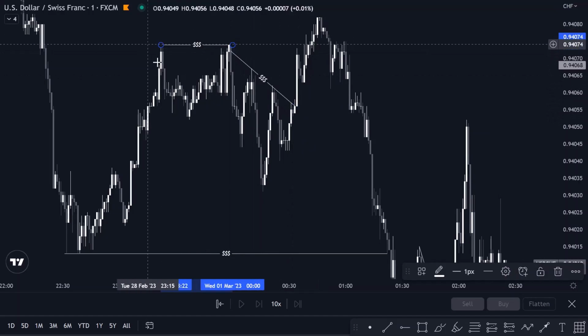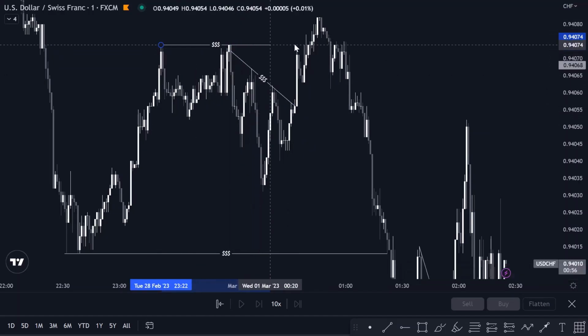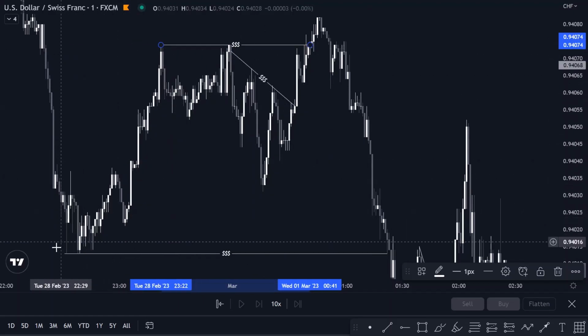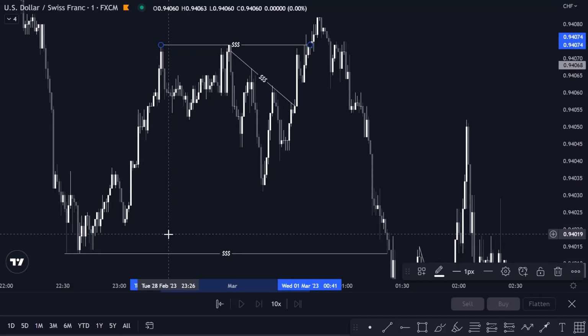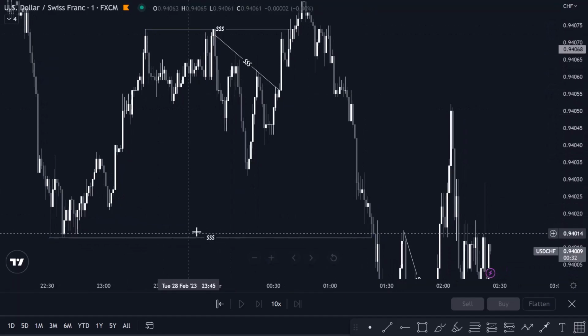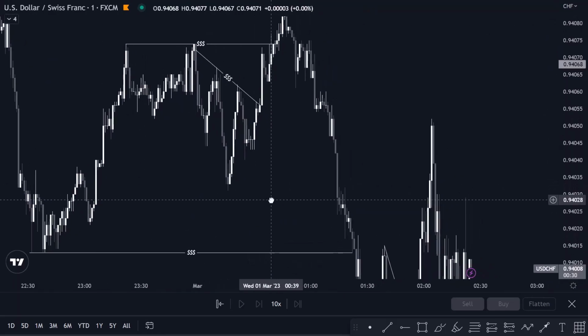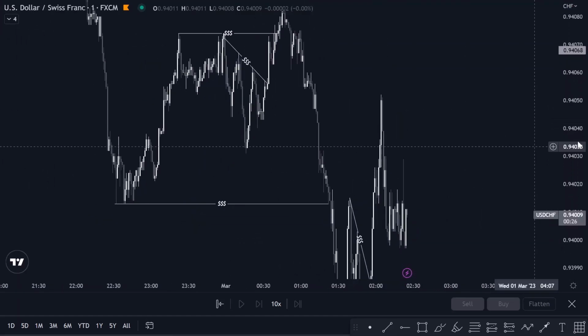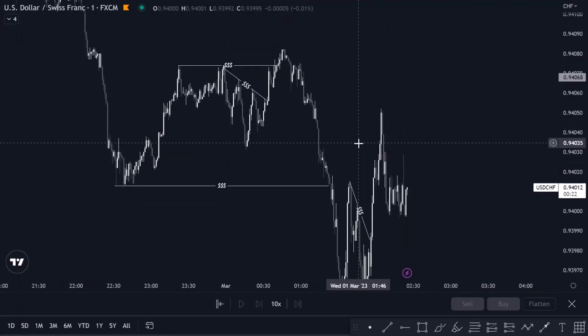Price goes up to take those equal highs right here, just took those equal highs and goes down again after taking this liquidity and this liquidity. But after this up movement, we had equal lows here. After taking this liquidity, price went down to take this liquidity. So we can clearly see that the market was only seeking liquidity. That's what the market does.